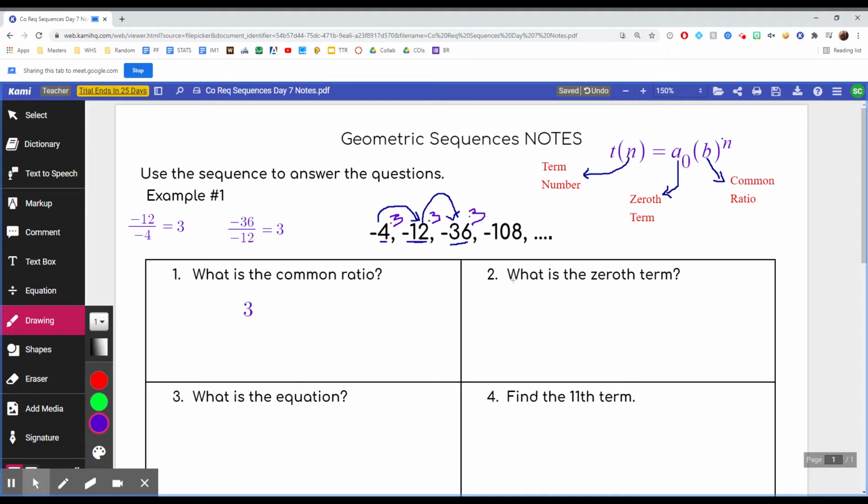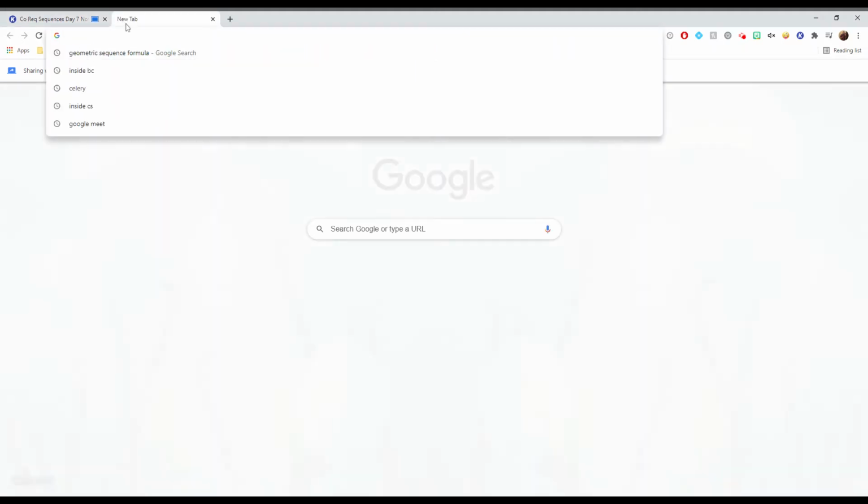Now, the next question says, what is the 0th term? Okay, so if I'm multiplying by 3 to find the next term, then to go backwards, I need to divide by 3. So I'm going to divide the first term, which is -4, by 3. And to do that, I'm going to go to decimals.